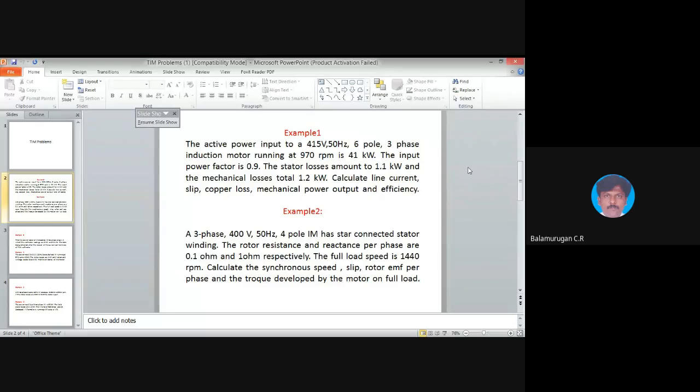You know the PM value, and the mechanical loss is 1.2 kilowatt. Then you can calculate the P out. So 38.703 minus 1.2, and you will get the P out value.